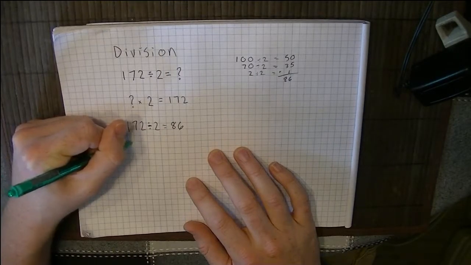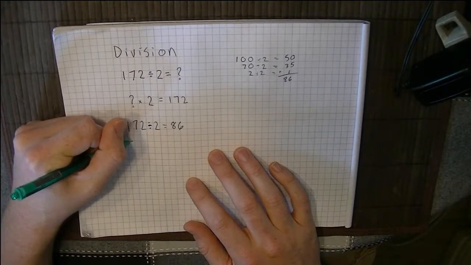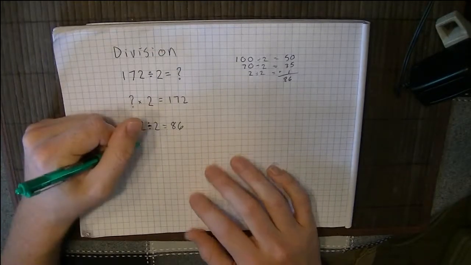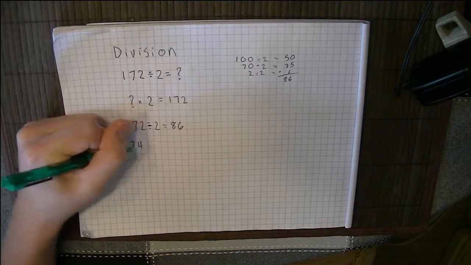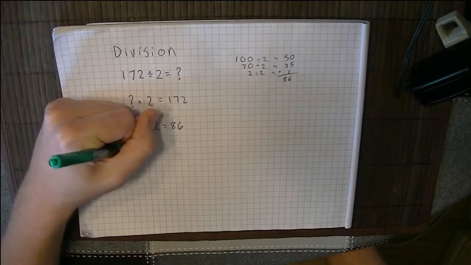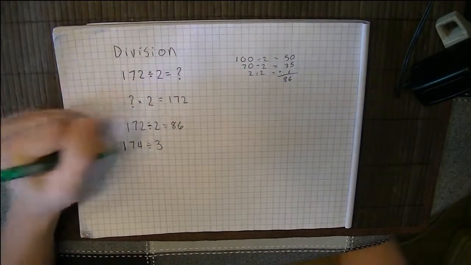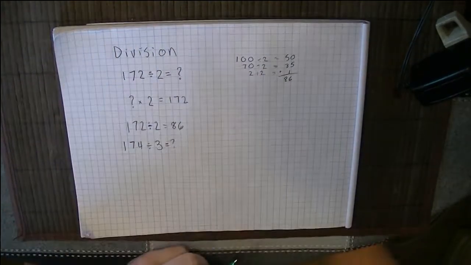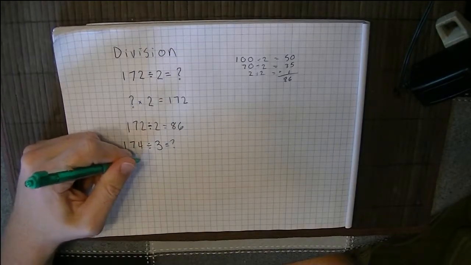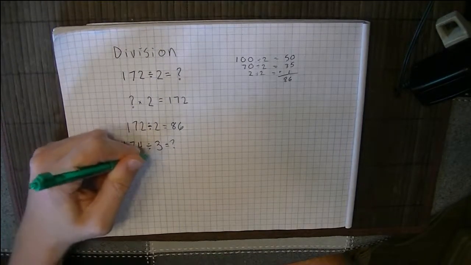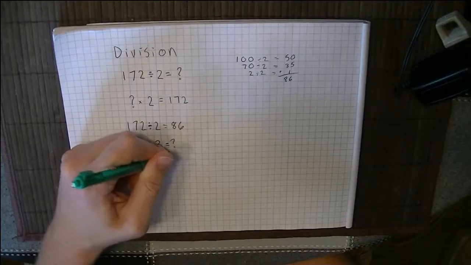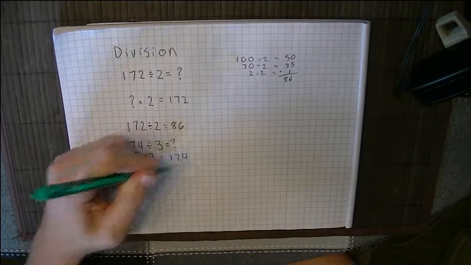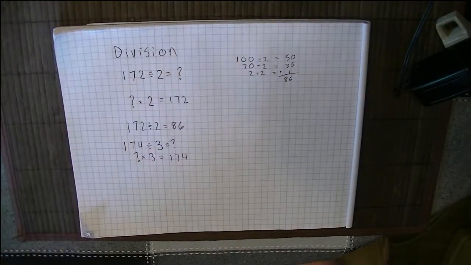174 divided by 3. What is that? Okay, well, it's still asking the question, okay, I need to take a number and multiply it by 3 and get 174, and I'm going to try and do this the same way, but I need to be a little bit craftier.